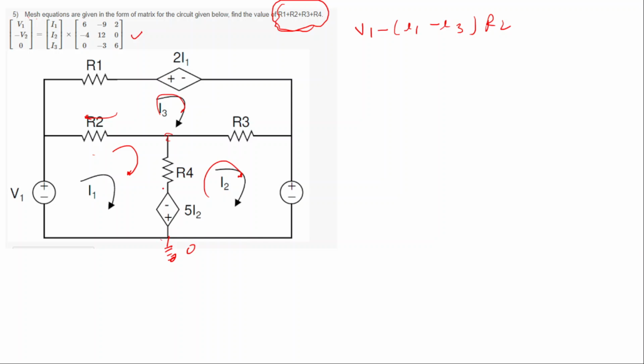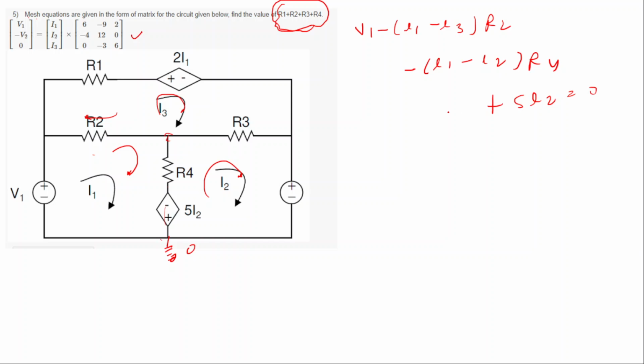It will be equal to minus I1 minus I2 times R4, because I1 is going in this direction and I2 is going in the opposite direction. Minus the voltage drop across this: in this the voltage is raised because the positive sign is downward. So now it will be plus 5 times I2 equals to 0.